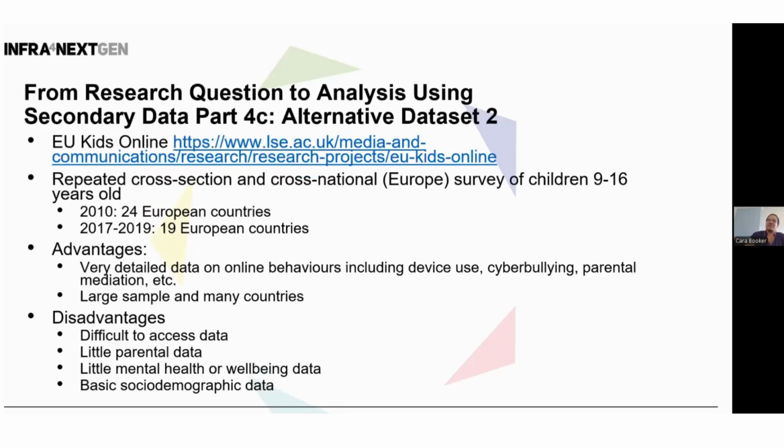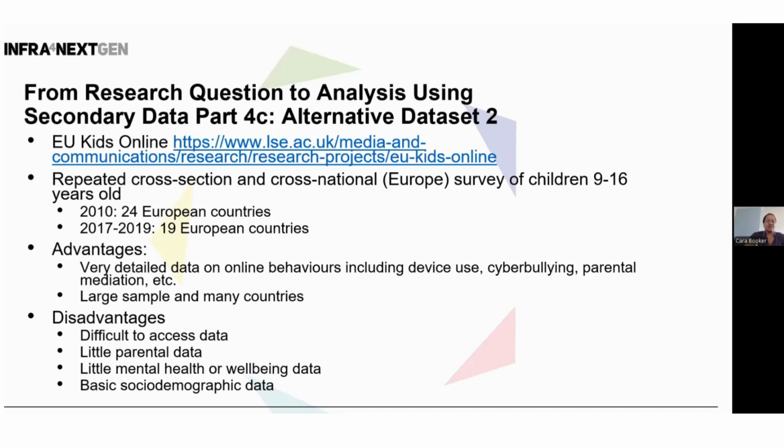Another alternative data set is EU Kids Online. This is a repeated cross-sectional, cross-national survey of children 9 to 16 in Europe. Here you can see they collected data twice, once in 24 European countries, once in 19. The advantages are that they have really detailed information on online behaviors, including device use, cyberbullying, and rules that parents make around use.